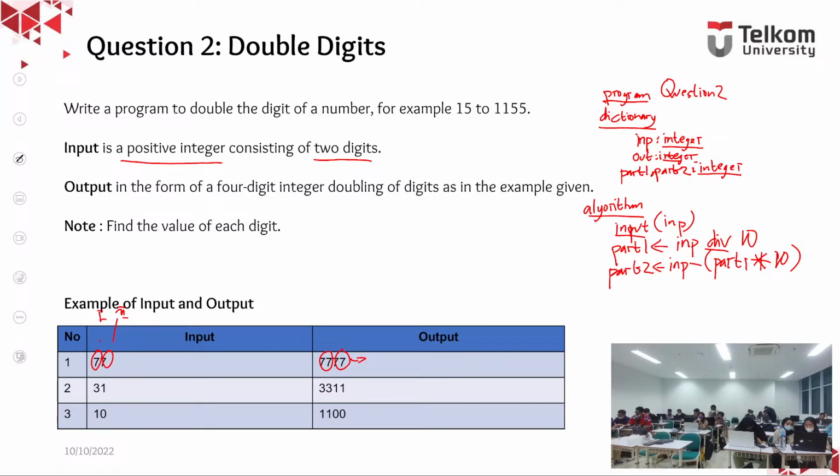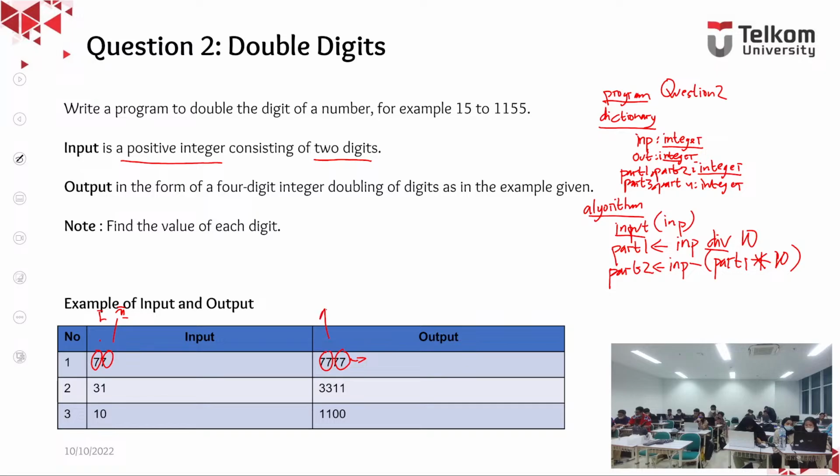And then, for example, this is to be clear, part 3 and part 4 are also integers.